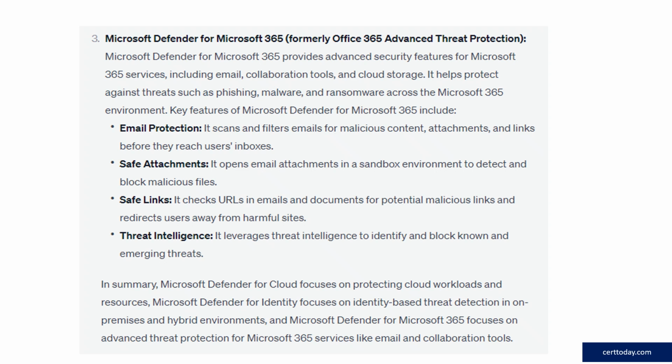In summary, Microsoft Defender for Cloud focuses on protecting cloud workloads and resources. Microsoft Defender for Identity focuses on identity-based threat detection in on-premises and hybrid environments. And Microsoft Defender for Microsoft 365 focuses on advanced threat protection for Microsoft 365 services like email and collaboration tools.